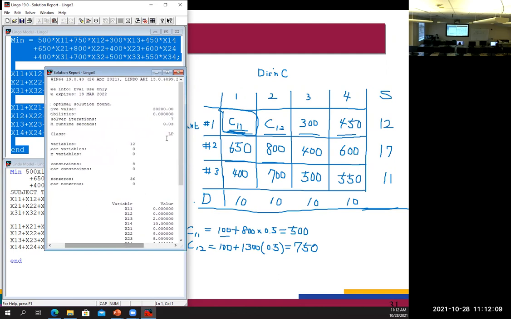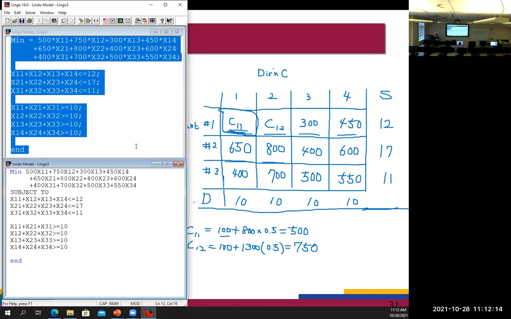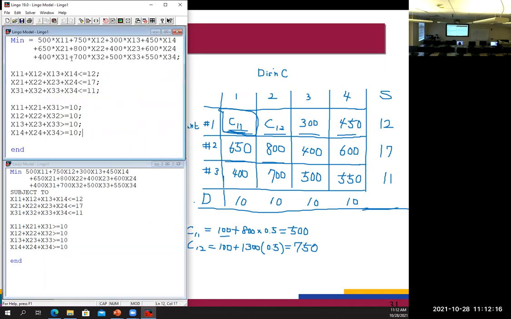I got the same solution from both versions.